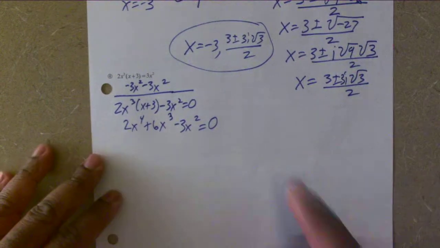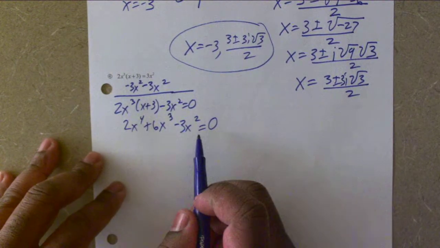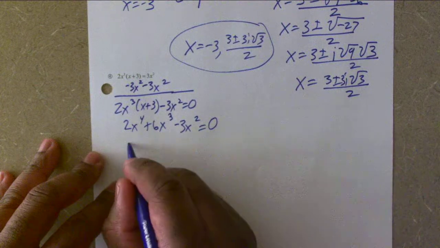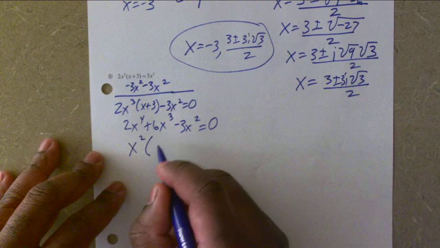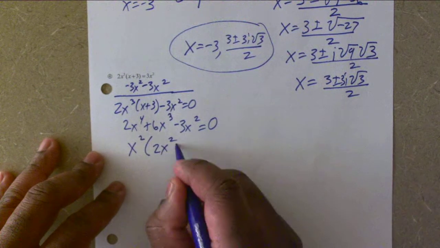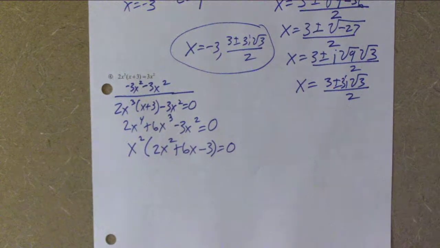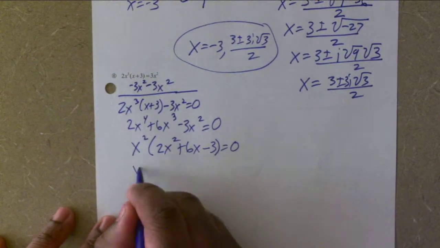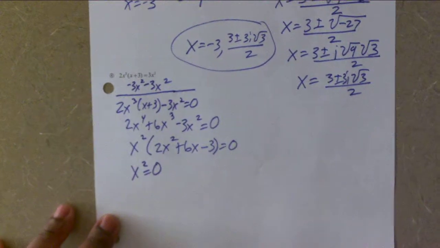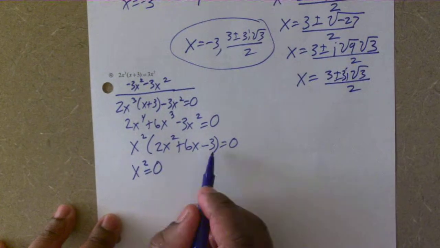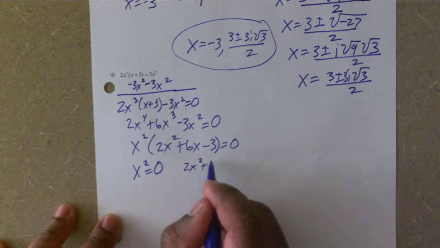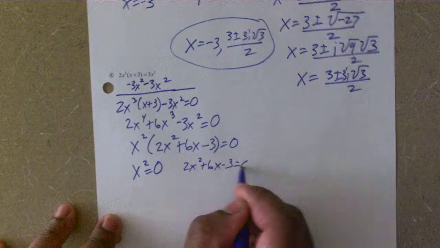Now, we look at all three of these terms. They do have an x squared in common, so we can factor out an x squared, and we get 2x squared plus 6x minus 3 equals 0. Now, we could take x squared equals 0, and then for this problem here, it is 2x squared plus 6x minus 3 equals 0.